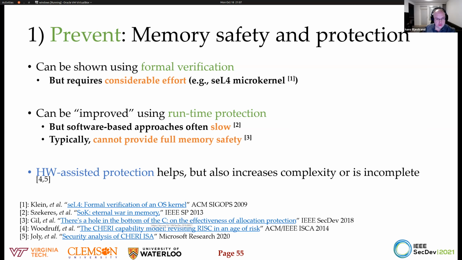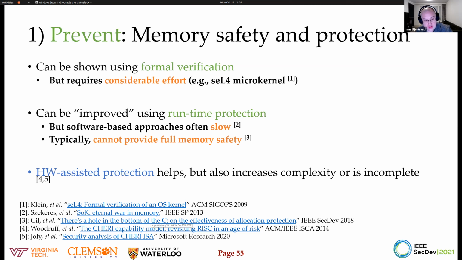Another approach is to use runtime protection. You apply some protections that prevent some types of attacks. The problem here is that, like we saw earlier, these are typically partial. They protect against some attacks, but they will not prevent all. And the more ambitious they get, the more they often impact performance. So there is a tricky trade-off here.